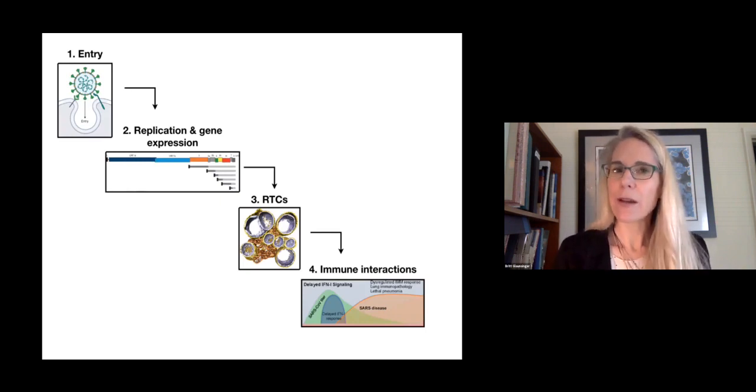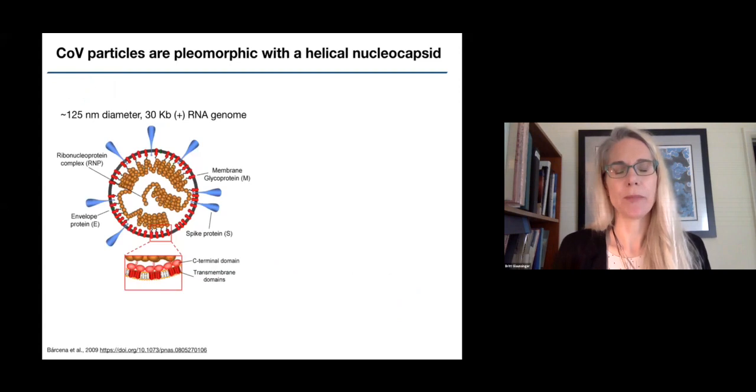And then I'm going to talk about some very dramatic cell biological changes that happen to that infected cell as the virus basically reorganizes the interior of the cell to create mini replication factories to produce more viral genes and RNA. And then I'm going to end by talking about some of the immune interactions that happen in these infected cells, which I think is really important because immune interactions and responses likely underlie a lot of the severe COVID-19 disease.